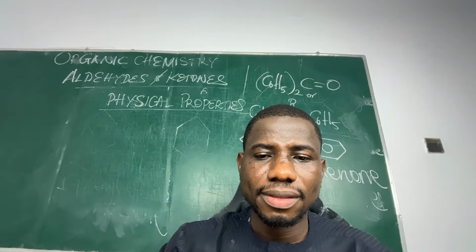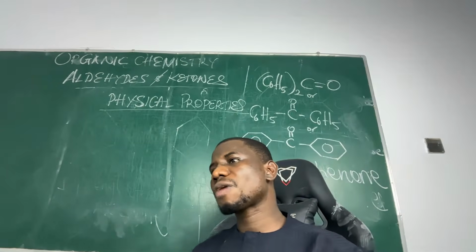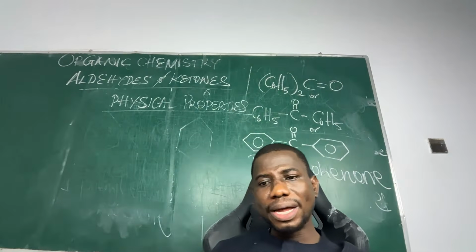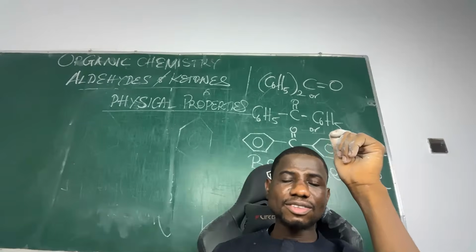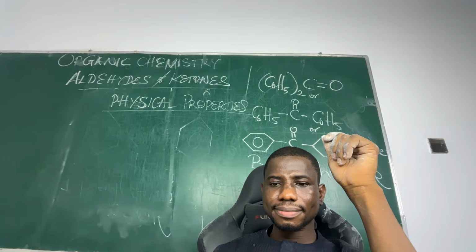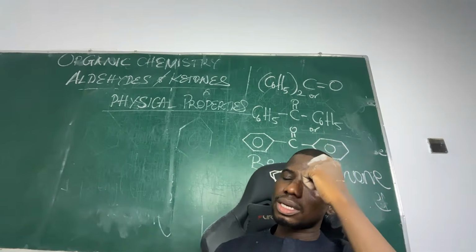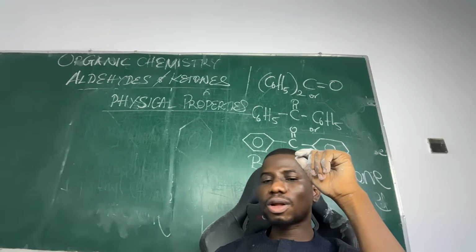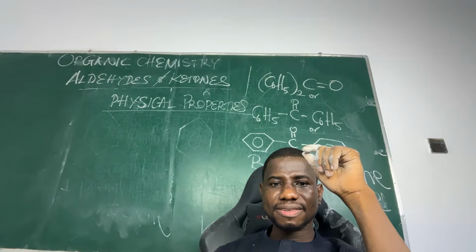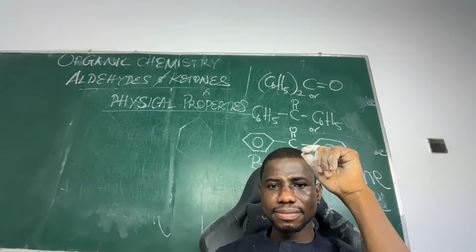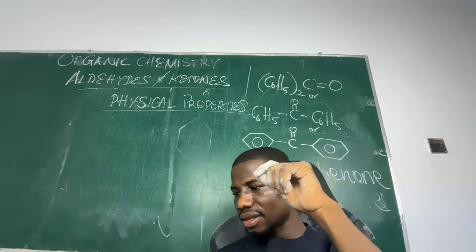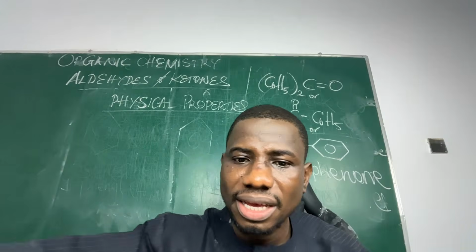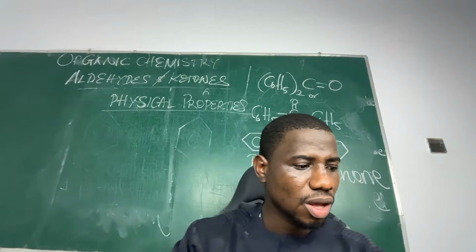Number two, the simplest member of alkanone, or you can say the simplest ketone called propanone, is a colorless liquid, and it's a useful organic solvent.